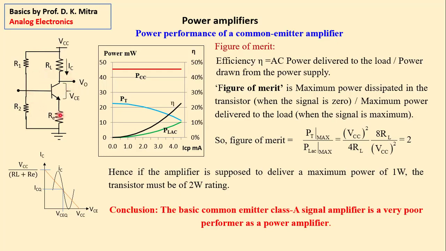So these deductions were easy. I hope you could easily understand the deductions, how we calculated the AC power delivered, how we calculated power dissipation in the transistor, how we calculated the power drawn from the battery. It is all easy with the help of this circuit because you know this circuit.